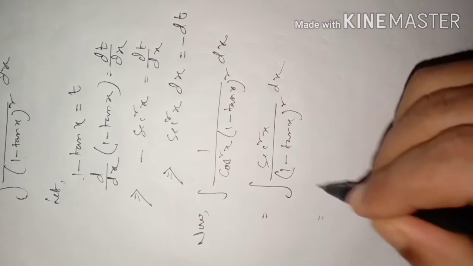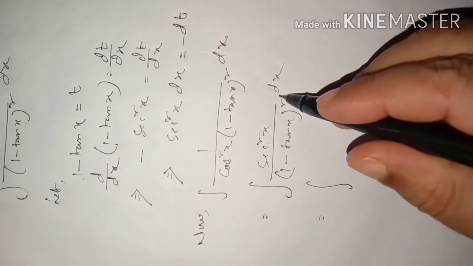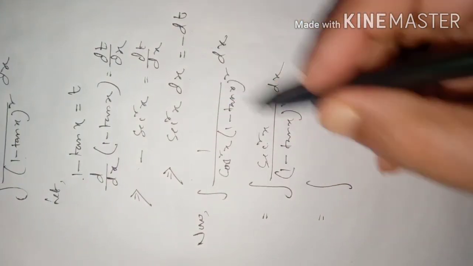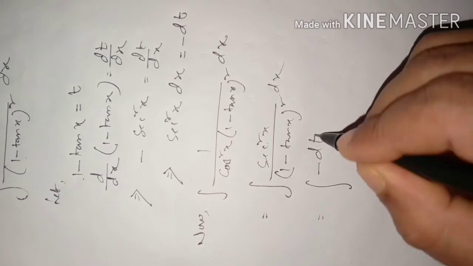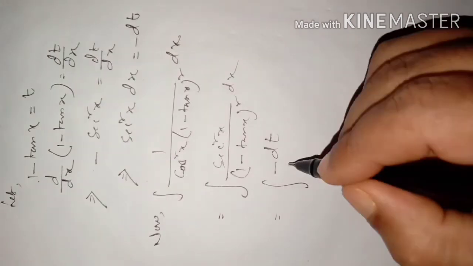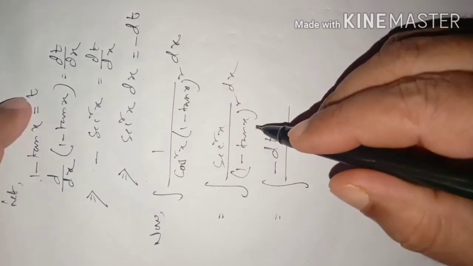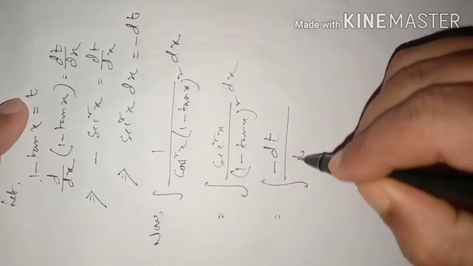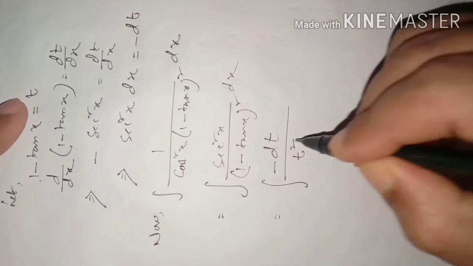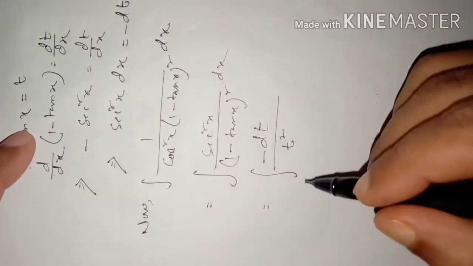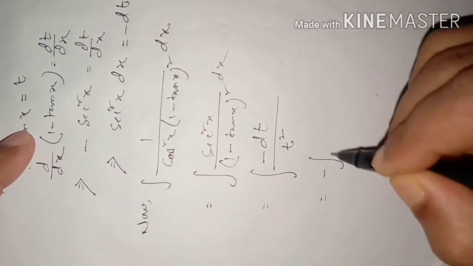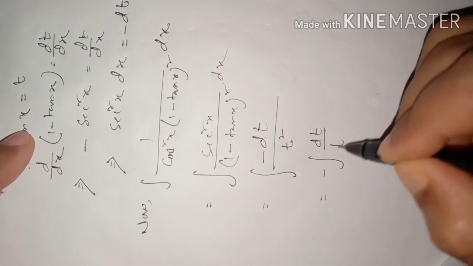So it is equal to integration of sec square x dx, which is minus dt, divided by 1 minus tan x. 1 minus tan x is t, so t square. Then you can write it as minus integration of dt by t square.